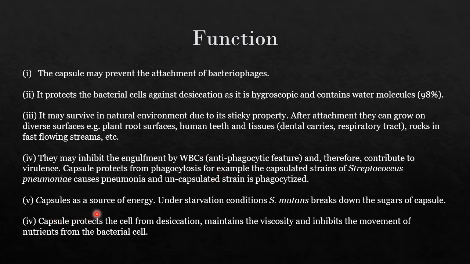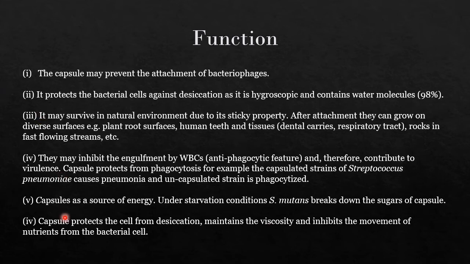Capsules can also be a source of energy. How? In some starvation conditions, it is seen that Streptococcus mutans breaks down the sugars of capsules. As it has no source of energy left, it starts breaking down the sugars from the capsule and uses that.